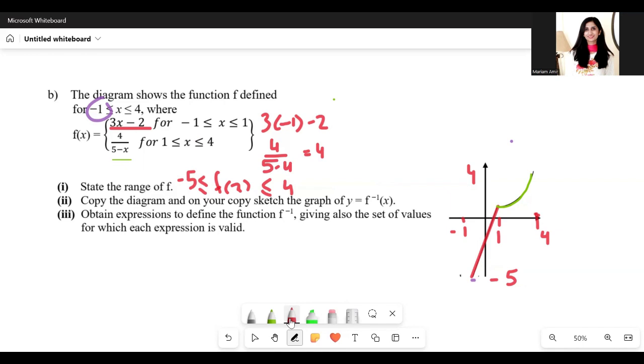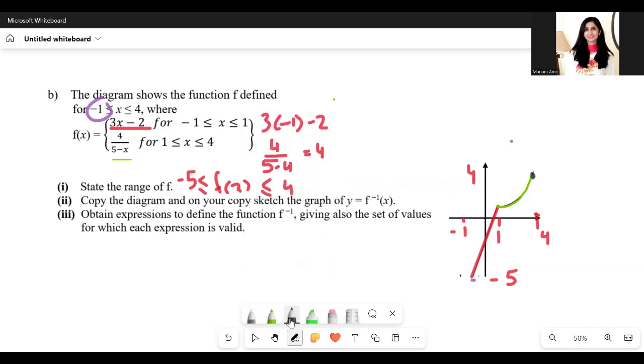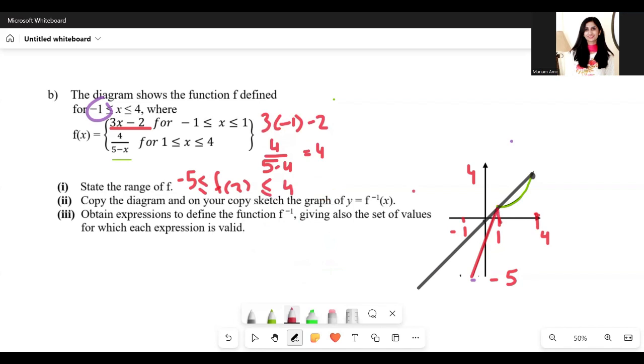Next it says copy the diagram and sketch the inverse of the graph. For inverse, we know that we have to draw a reflection of the original graph on the line y equals x. So I'm going to draw the line y equals x first. It would pass from 4, 4 and 0, 0. So a line like this. Also, let's quickly note this down that when x is 1, what's going to be the y?